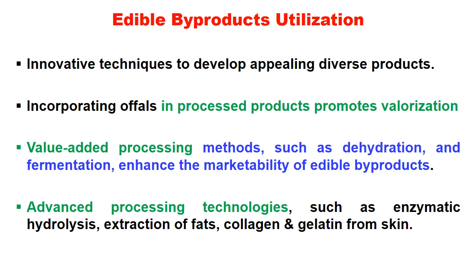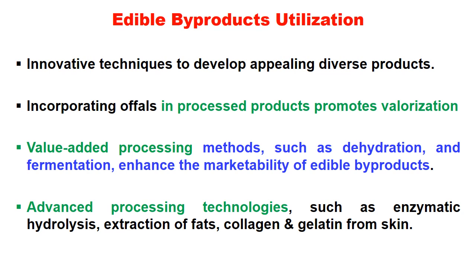And the next approach is value added processing methods. Modern and new methods such as dehydration, we can dry them and make them shelf stable and develop specific products. Or fermentation we can go for, like making pickles from gizzard. All these new approaches can improve their marketability and give more economic return from these edible byproducts.